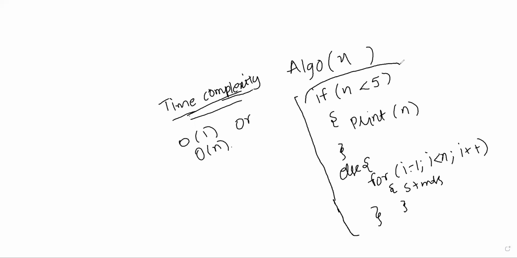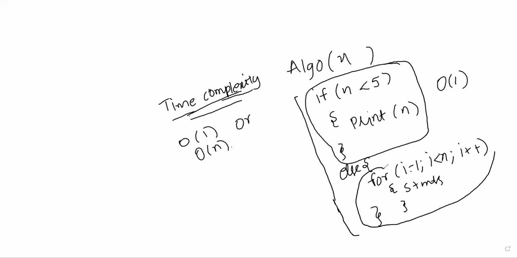You know how to calculate. Arvind, what is the time complexity for just this part? Yes, O of 1. For this else part, excellent, O of n. So it depends on the value of n, right?